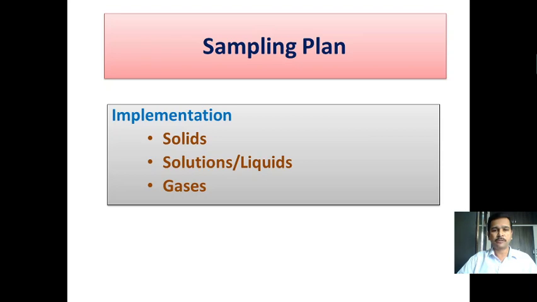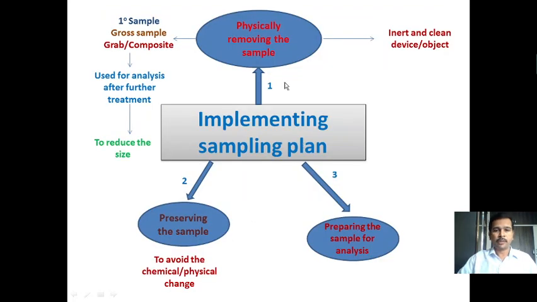That means the sample should be a representative one for analysis. So while processing the sample, what are the implementation steps which are very essential for a chemist to understand? Let us discuss the implementation steps for solids, solutions or liquids, and gaseous samples one by one.